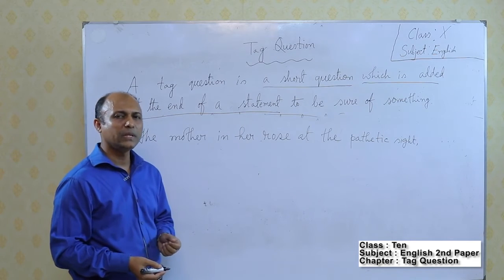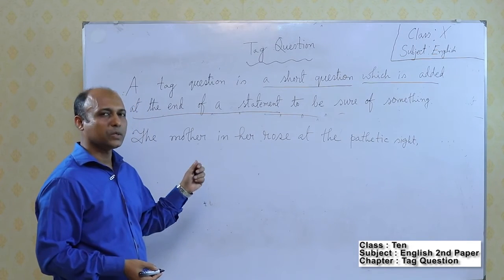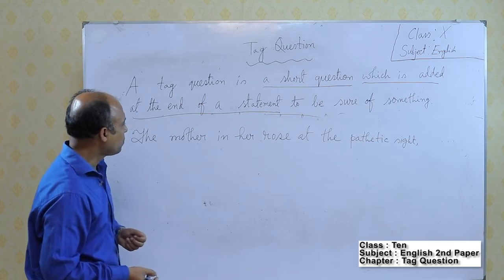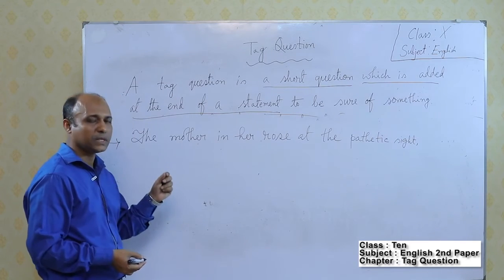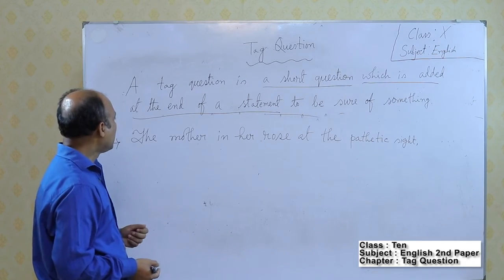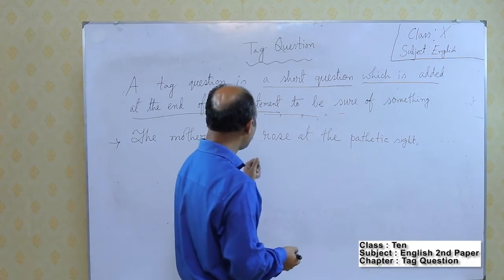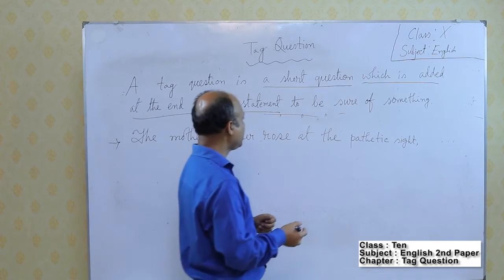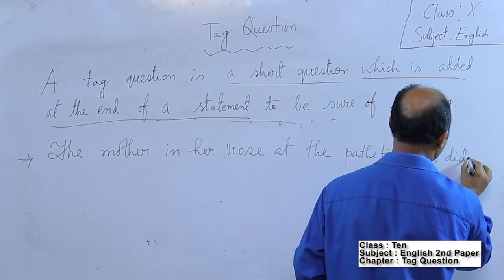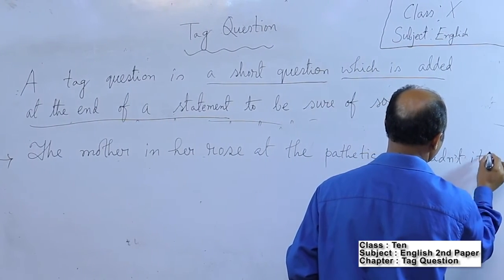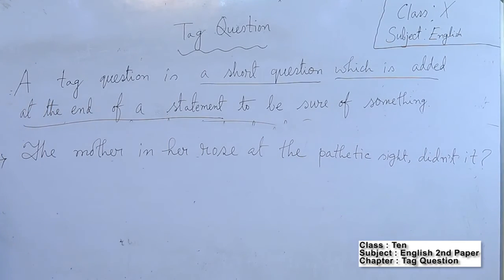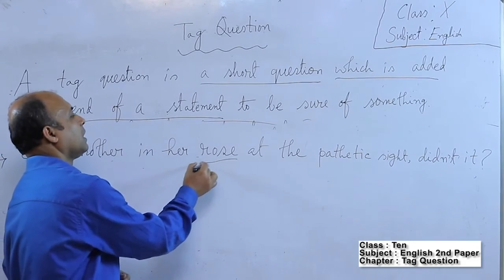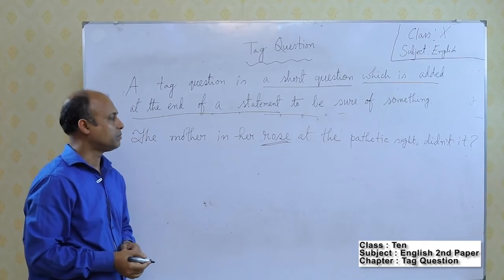No, it doesn't mean mother. It indicates motherhood. So what will it take as the subject of the tag? It will certainly take it. The mother in her rose at the pathetic sight, didn't it? And why didn't? Because here we see the verb is in the past form.